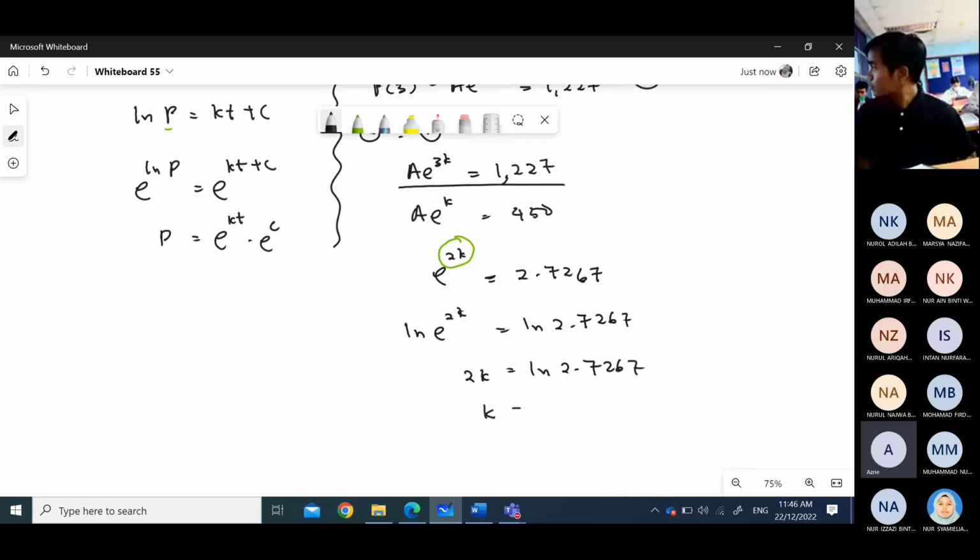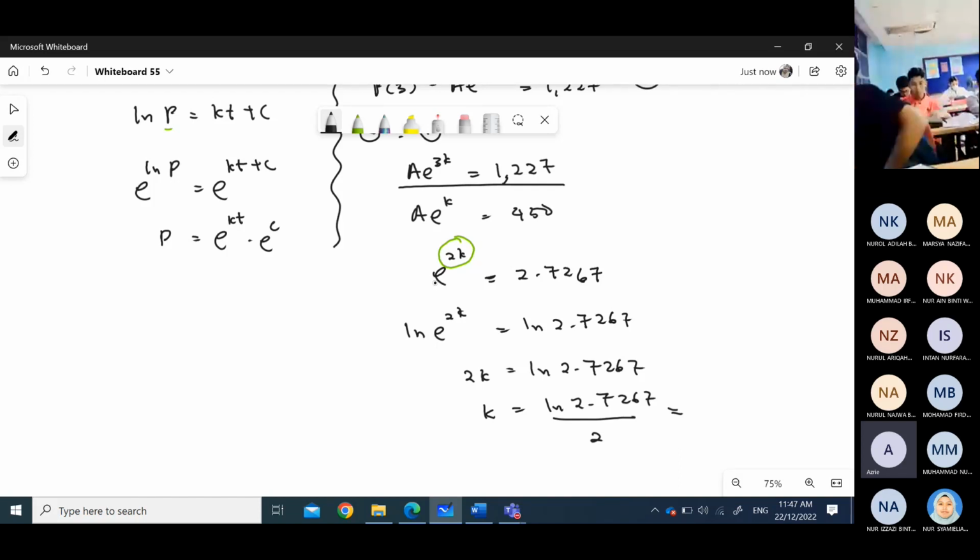So therefore our K is 2.727 divided by 2. So our K is 2.727 over 2, 0.5015.